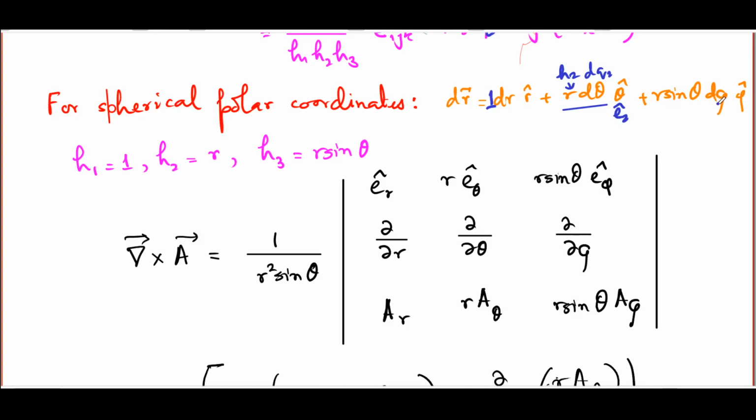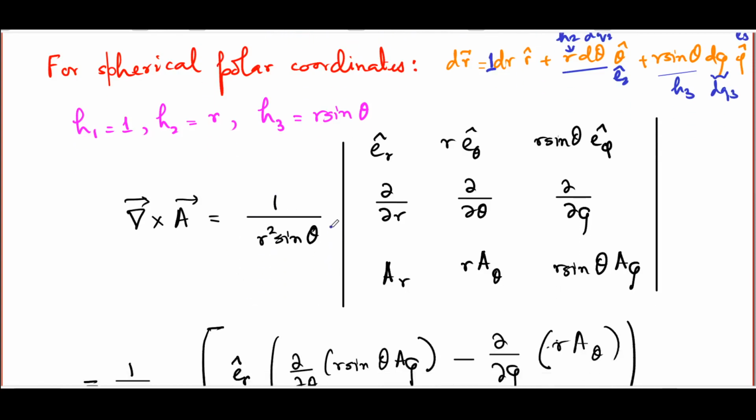And when you change phi and phi alone, you move in a circle of radius r sine theta. And this is your h3, and this, of course, is your dq3, and this is e3. So h1, h2, and h3 for spherical polar coordinates are 1, r, and r sine theta respectively. The product is r squared sine theta, which is what goes down in the denominator here.